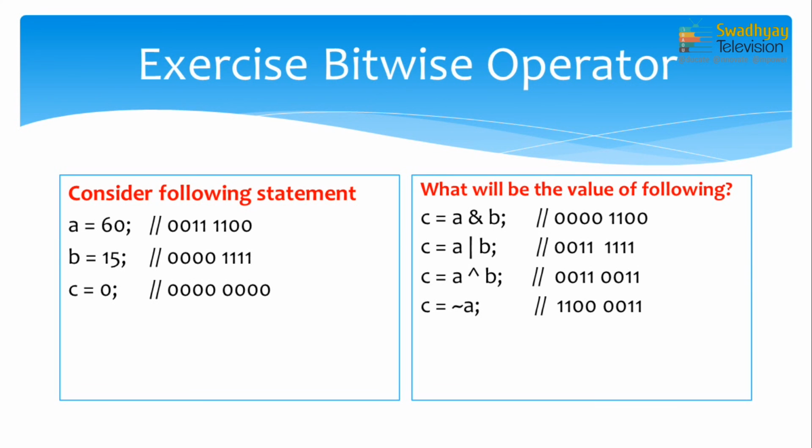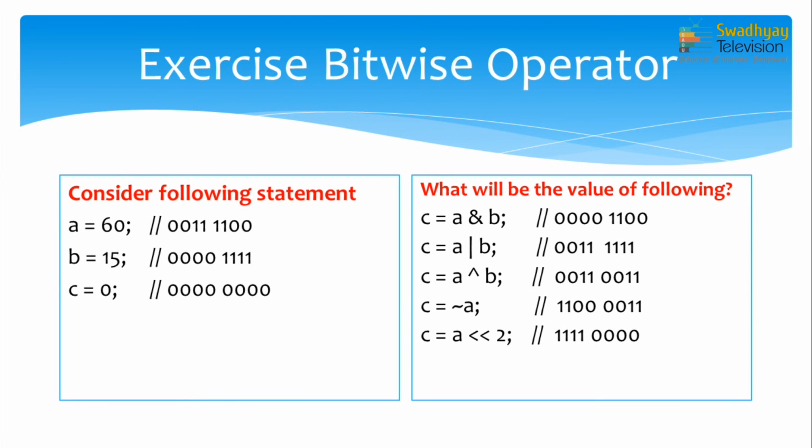If I write the bitwise complement for A, wherever there is 0 in A, it will be converted into 1 and 1 is converted into 0. So, we can see the result on screen.